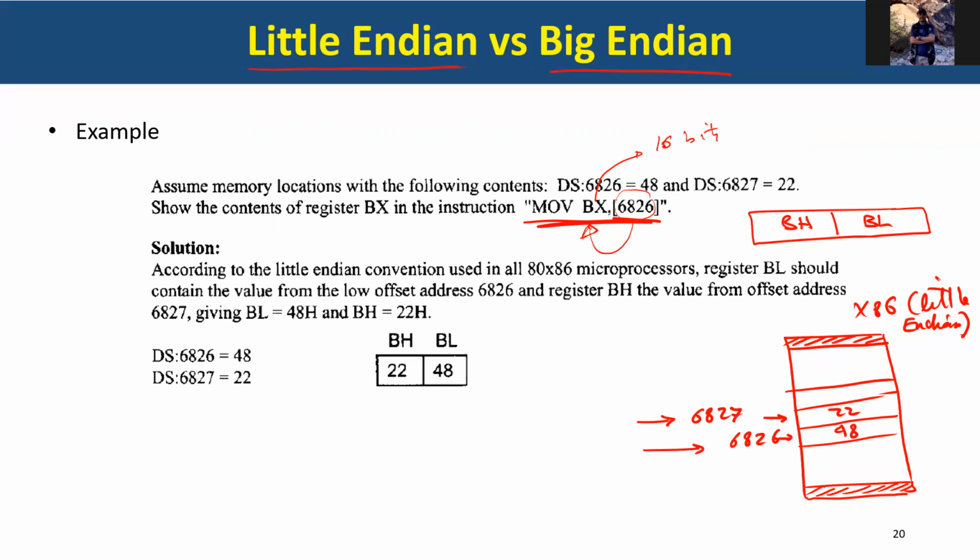Since it's little endian, the least significant byte, which is 48, is in the lower address and will go to BL, and the most significant byte, which is 22, will go to BH.